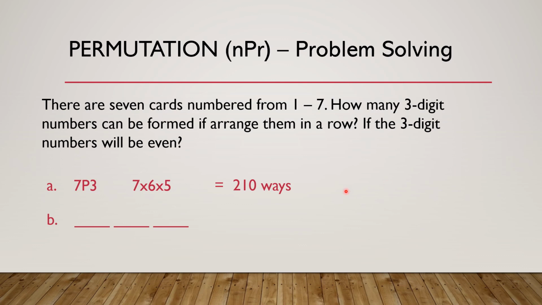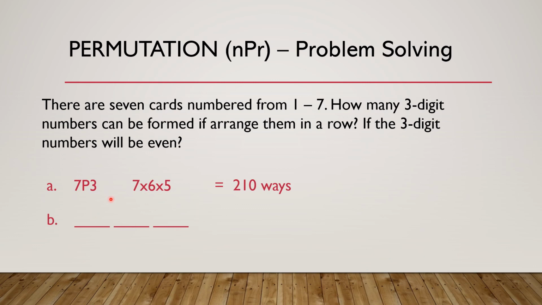From the 7 cards, we need to get 3 cards because we are forming 3-digit numbers. But how do we know that the number formed will be even? It will be even if the last card is even.